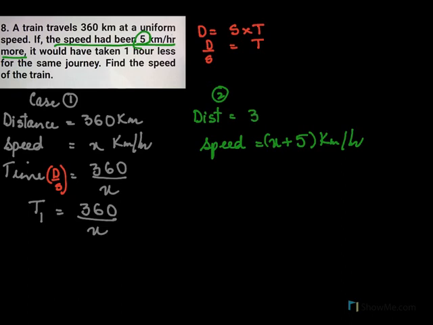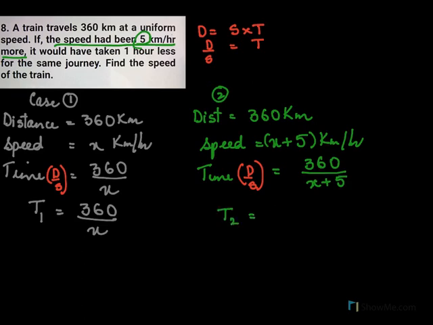So distance is 360 kilometers, and time is distance over speed. So the time here will be 360 over speed, that is x plus 5. We call this time t2, that is 360 over x plus 5.